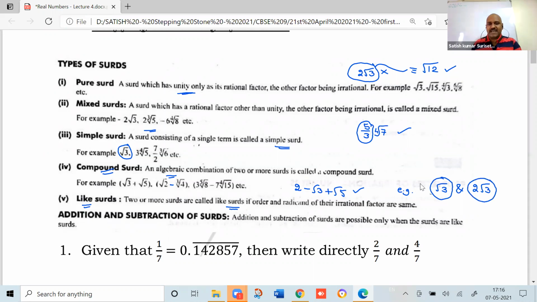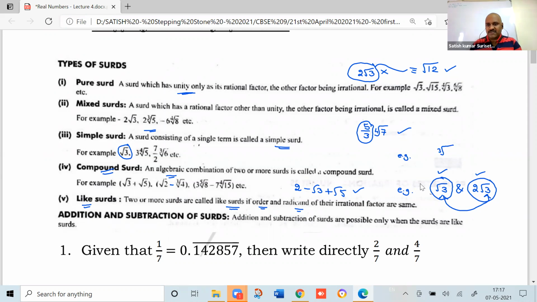So they are of the same order. As per the definition, two or more surds are called like surds if order and radicand are the same. The order is the same as well as the radicand. The radicand here is 3, and here also the radicand is 3. So these are like surds. In this, the first one is a pure surd and the second is a mixed surd. Let us take another example.